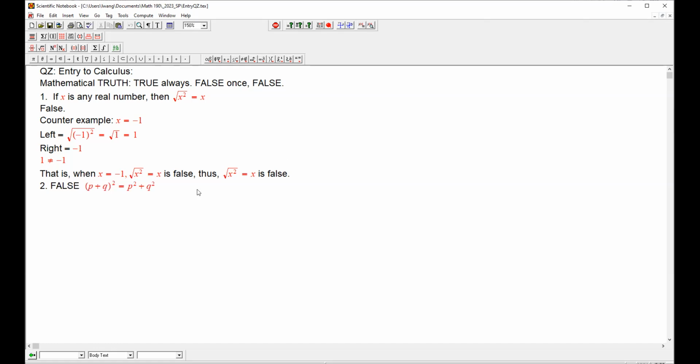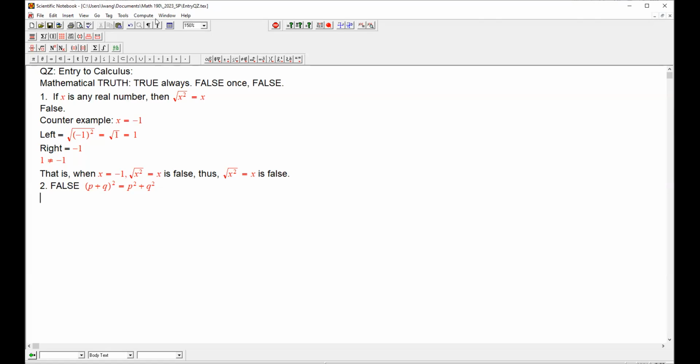Since we didn't indicate what kind of numbers P and Q are, P and Q can be any real number. If not specified, it means it can be any real number. And this is false. Why is it false? We can come up with a counterexample.